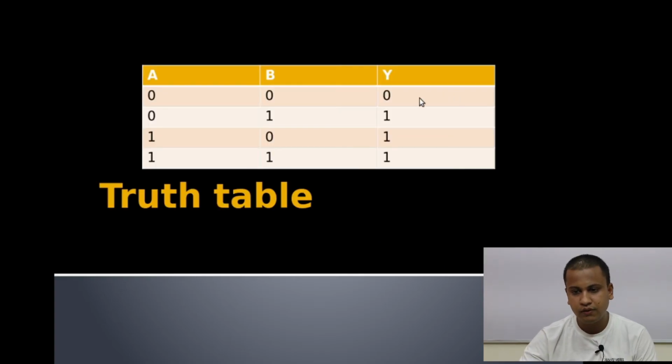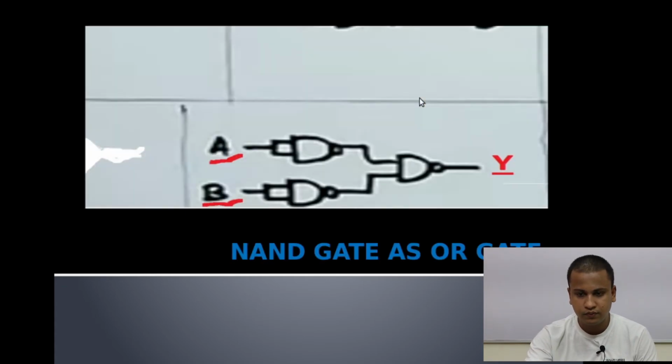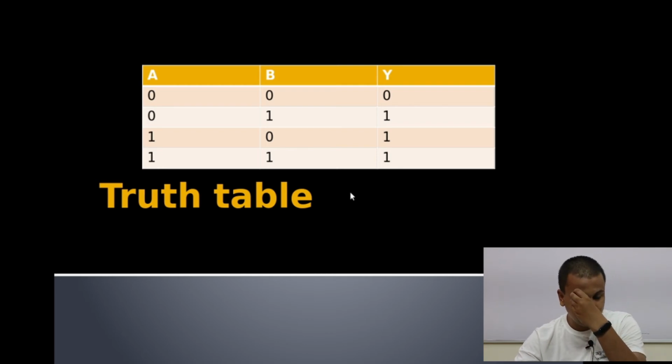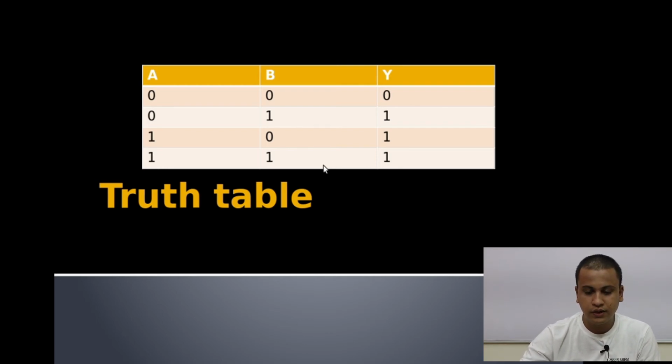So 0 0 we have given, the answer is 0. Then 0 0 0 the answer is 1. 1 1 the answer will be 0. 1 0, 1 0 if we do in NAND then the answer will be again 0. Okay, so second is also verified.